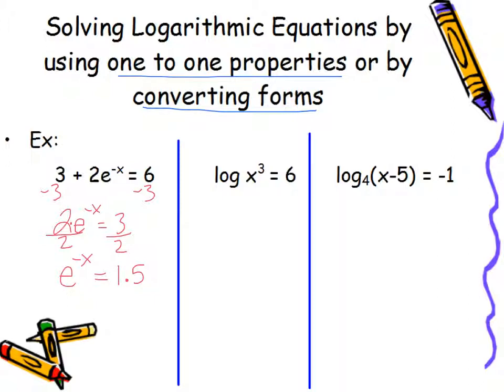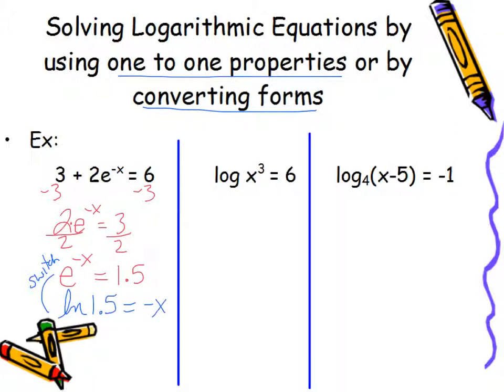We've practiced this where you have an exponential. Let's switch this to a logarithm. Okay, so at this stage right here is when we switch forms. It's a base e, so that would be a natural log of 1.5 equals my exponent.